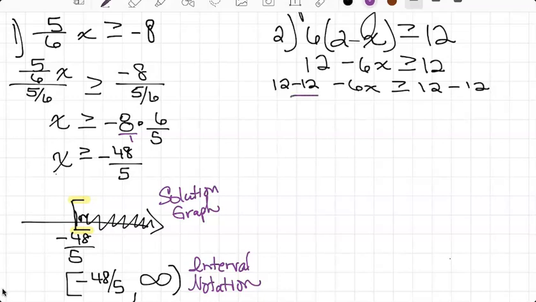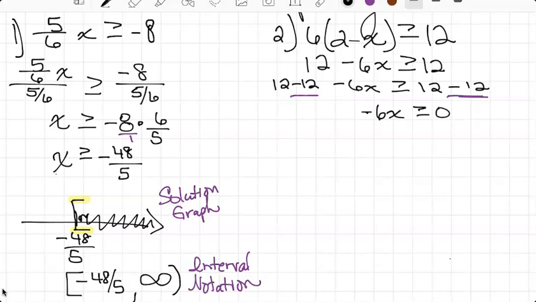So here's the minus 12, here's the minus 12. So I have it on both sides. 12 minus 12 is 0, and that's what I have on the other side. So I have negative 6x is greater than or equal to 0.